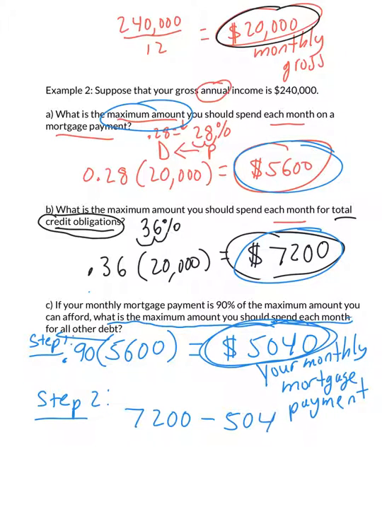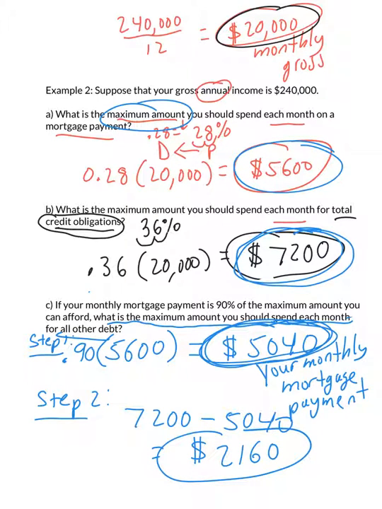So all you have to do is take your total credit obligations answer from Part B, which was $7,200, and subtract what you're currently paying each month on the mortgage. So $7,200 minus the $5,040 is going to give me a final answer of $2,160.